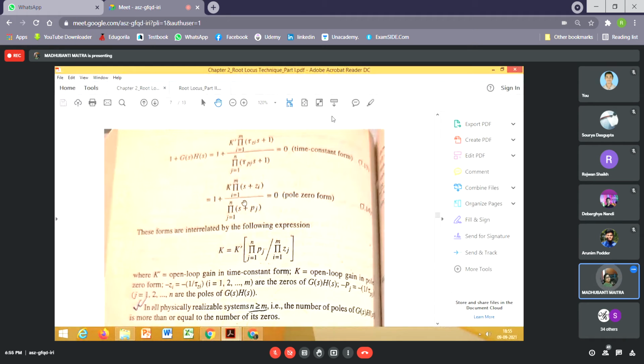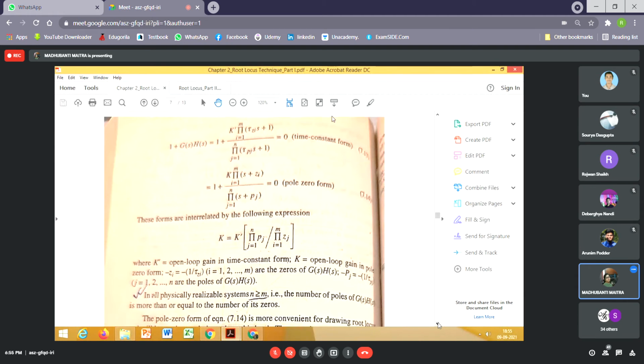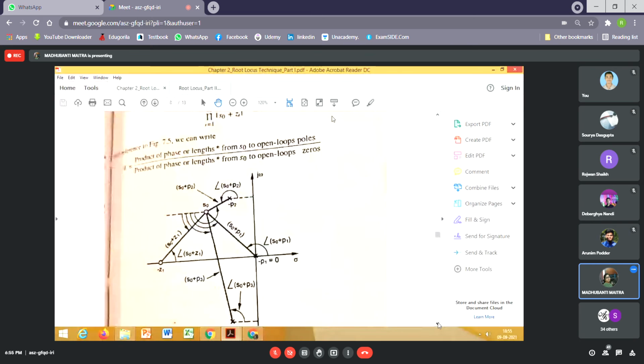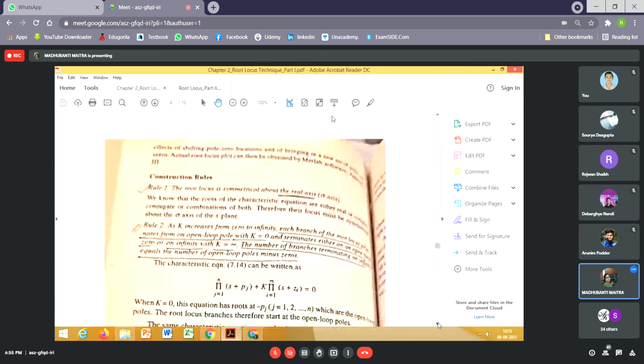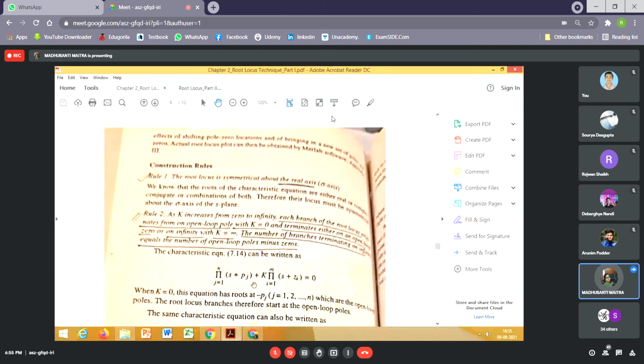We can write this equation as the product of (s plus bj), where j varies from 1 to n, plus k times the product of (s plus zi), where i varies from 1 to m, equal to 0, right? So the characteristic equation can also be written in this form, right?